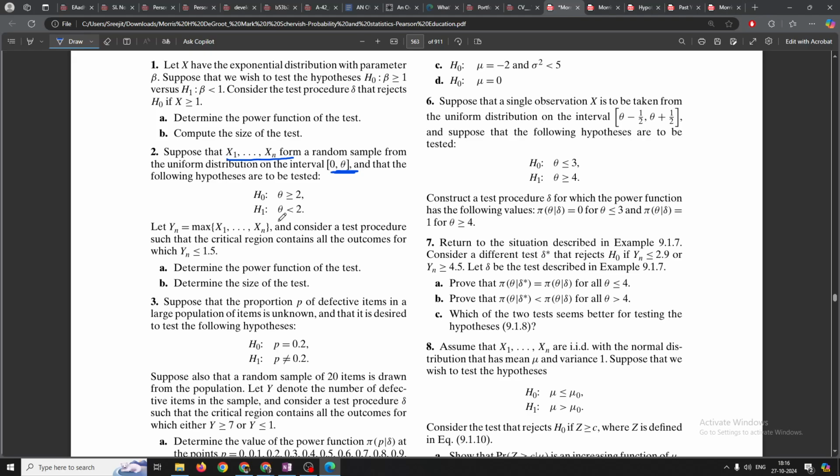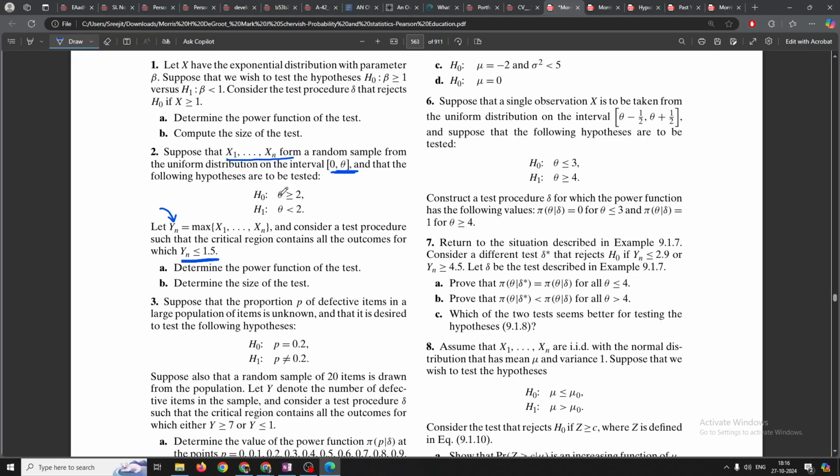The test statistic we consider is Yn, which is the maximum of all these sample values, and the test procedure is that we reject H naught if Yn is less than 1.5, right?